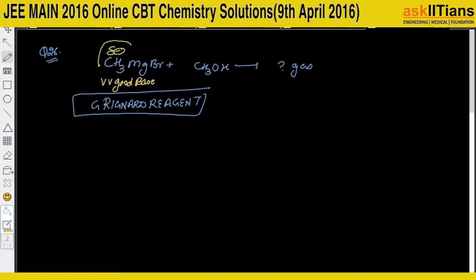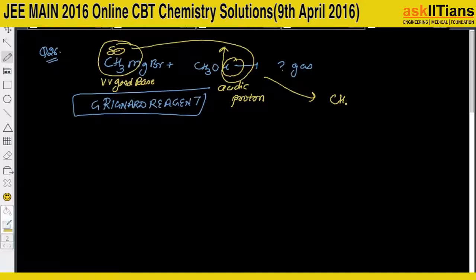Whenever the negative part of the Grignard reagent finds any kind of acidic proton, it is going to abstract this acidic proton away, and the CH3 minus will be accepting one H positive and it is going to form CH4, which is nothing but methane gas.